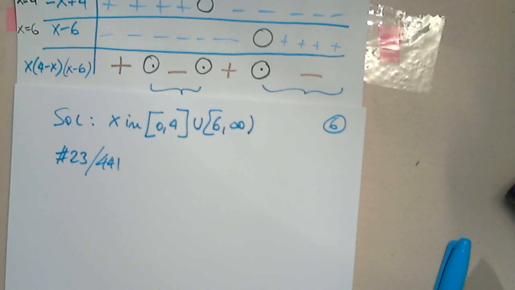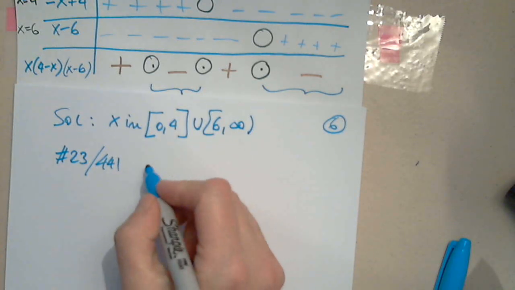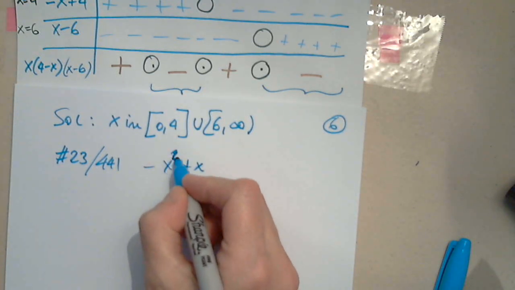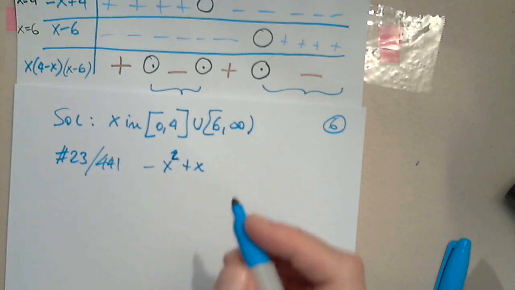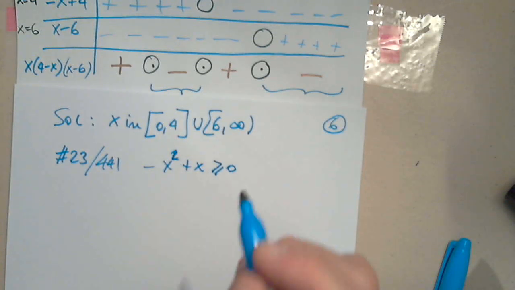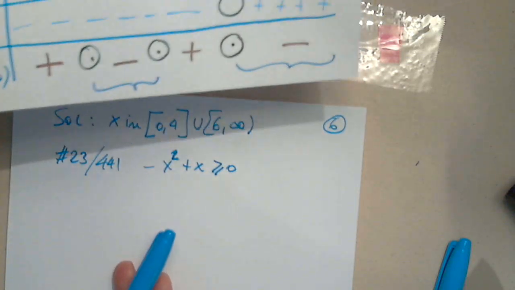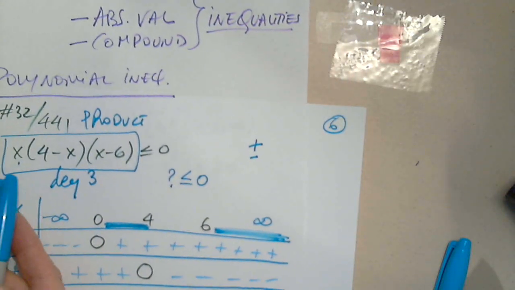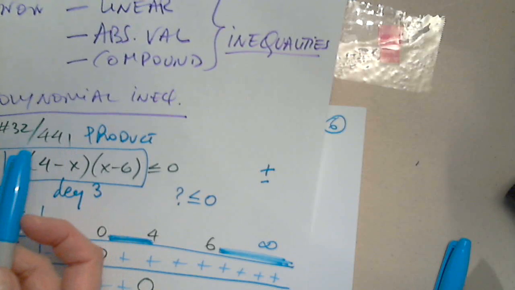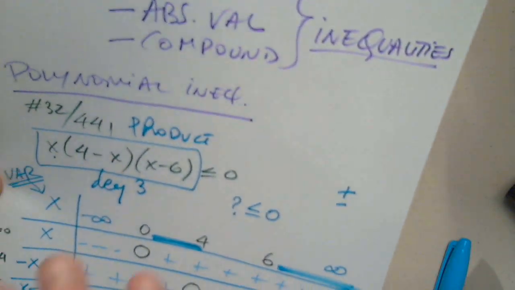Okay, so 23: negative x squared plus x greater than or equal to 0. Well, this is different. Still polynomial, but different. This was nice. Everything was factored for us. We didn't have to do anything.